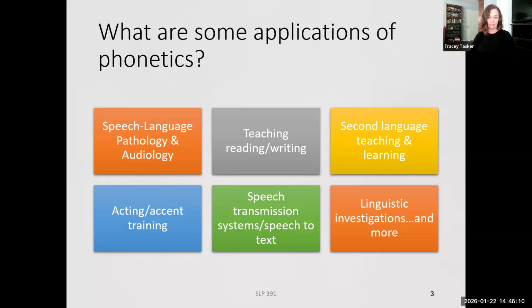And we use it in teaching reading and writing. So right now I'm pursuing a certification in dyslexia, and I am teaching a student about the sounds of the language and how they correspond to letters. So when we write them, orthography or spelling, how that works.